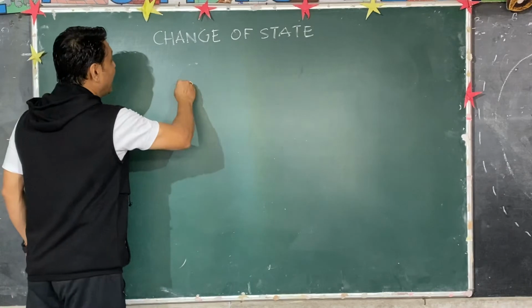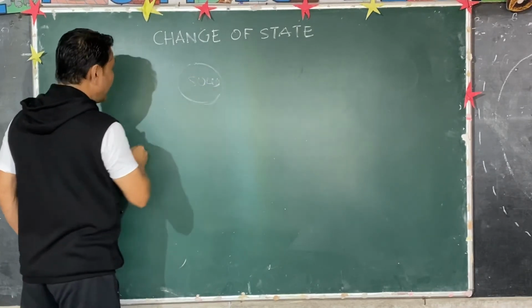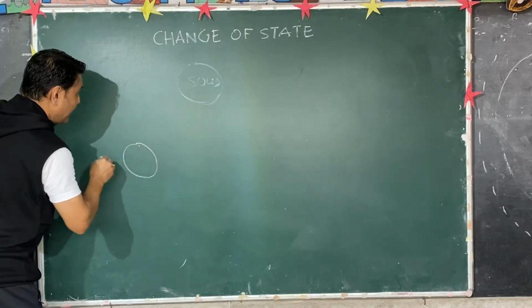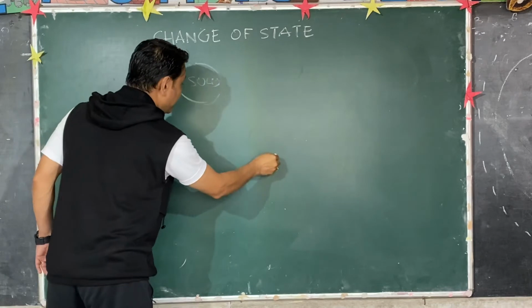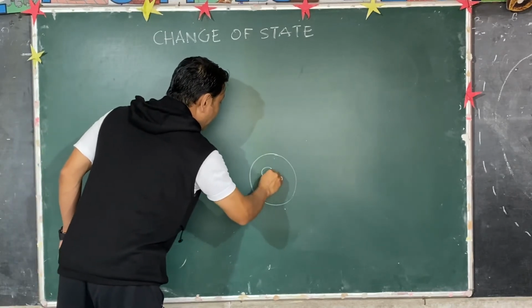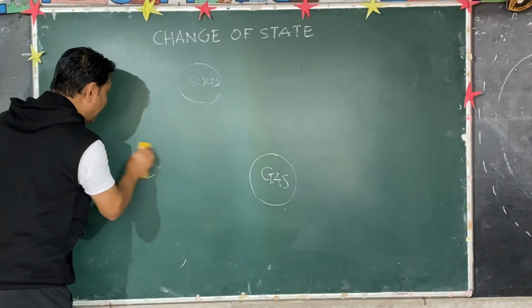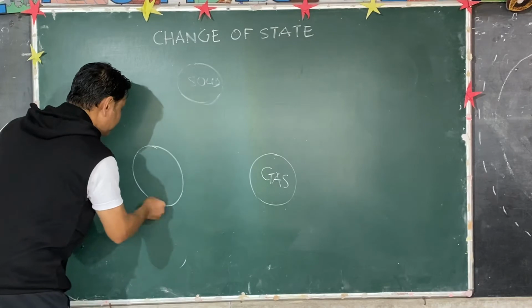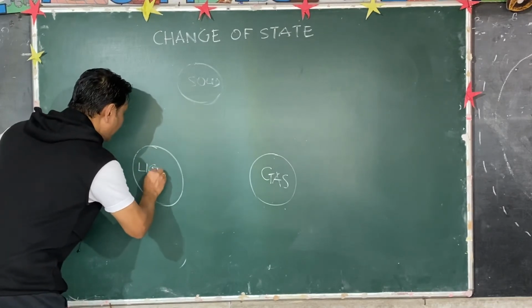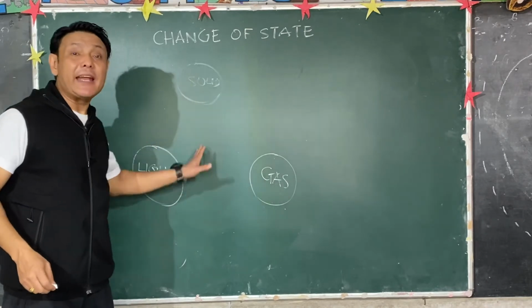So we have solid, liquid, and gas, the three physical states of matter. We can interchange them.